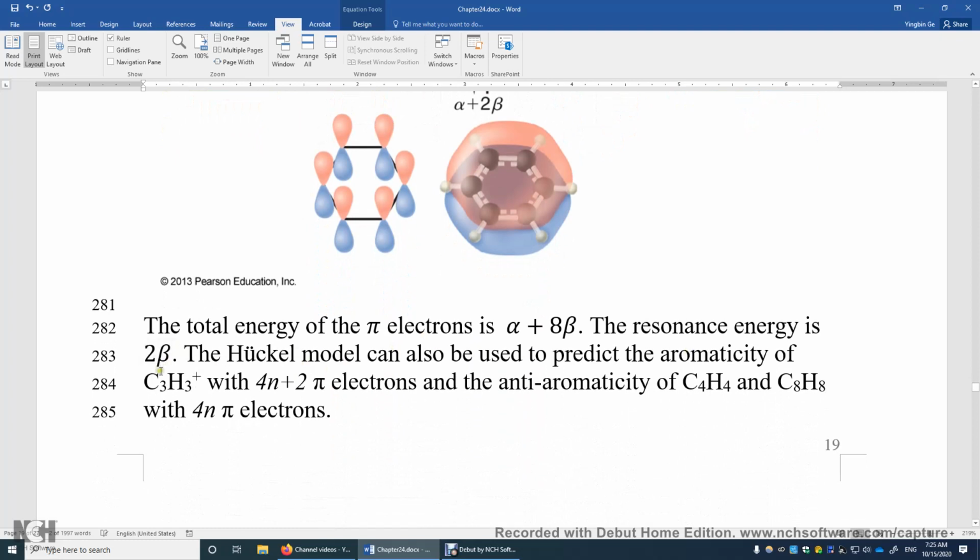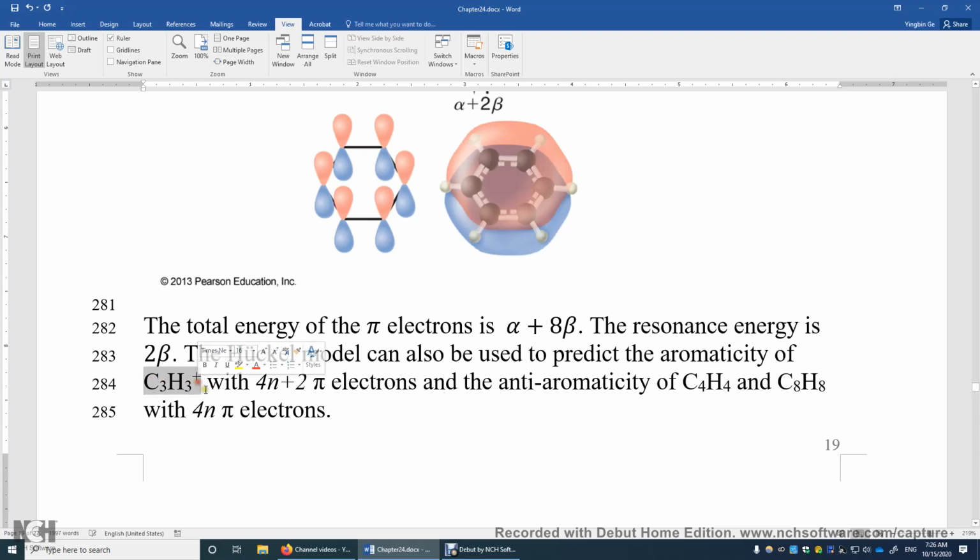So let me give you another example. This C3H3 plus. So basically, you just have a 3-membered carbon ring. Each carbon is bonded to a hydrogen, and you have just one double bond in this 3-membered ring. What about the third carbon? The third carbon has a +1 charge.